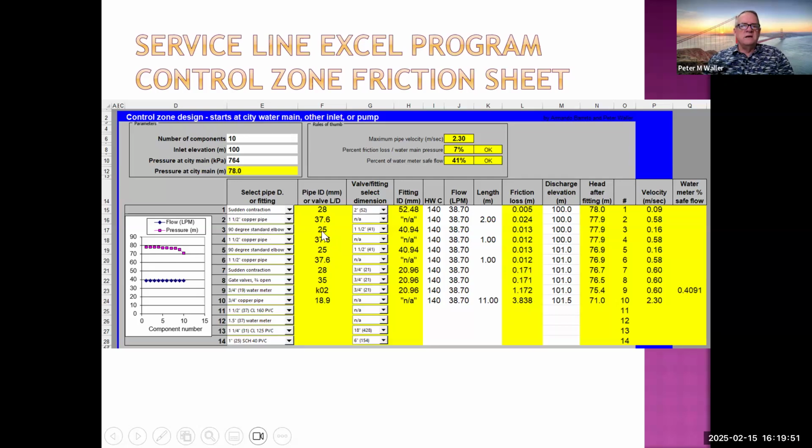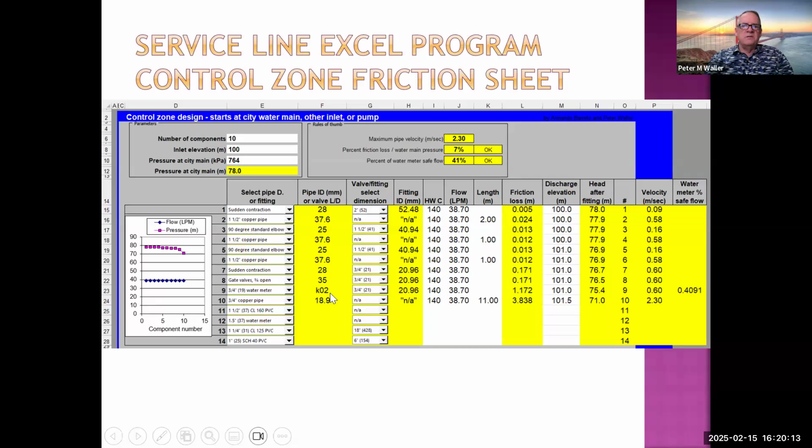You'll see that the L over D is 25 for this fitting. Then we have more copper pipe. Then we have another fitting. Then we have more copper pipe, another fitting where we're contracting down to 3/4 inch. We have a gate valve at 3/4 inch. Then we have the water meter.